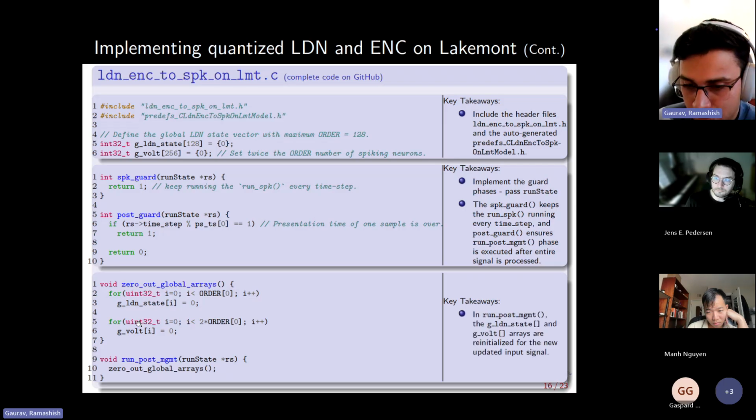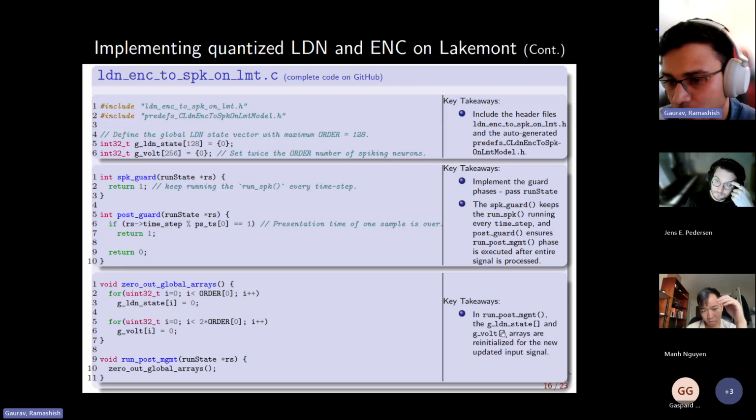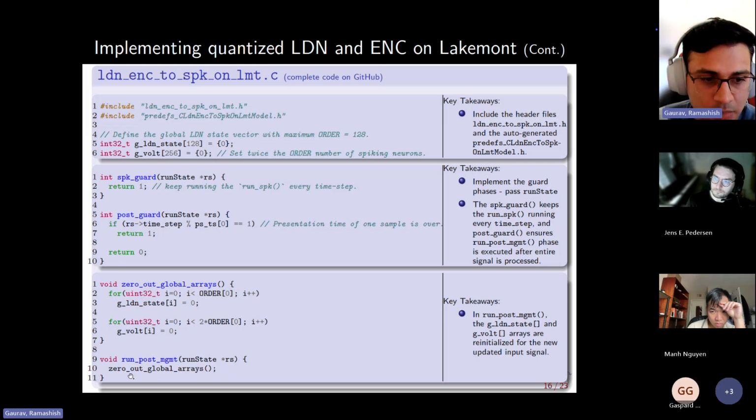The key takeaway in the run post management phase is that these global state vectors and the voltages are reinitialized for the next input signal. You can simply define a function for that, and call that function within the run post management as well to keep things clean.